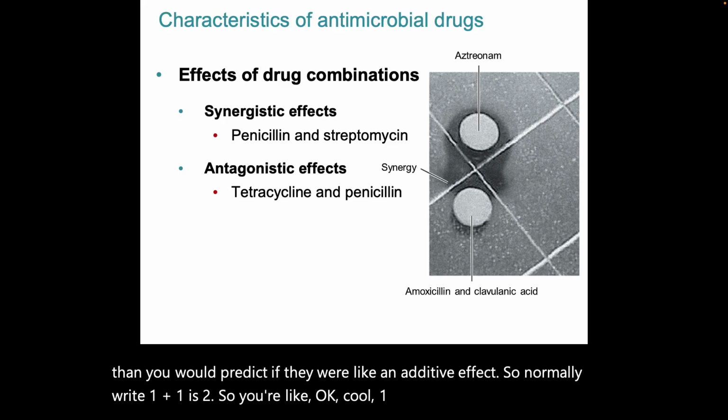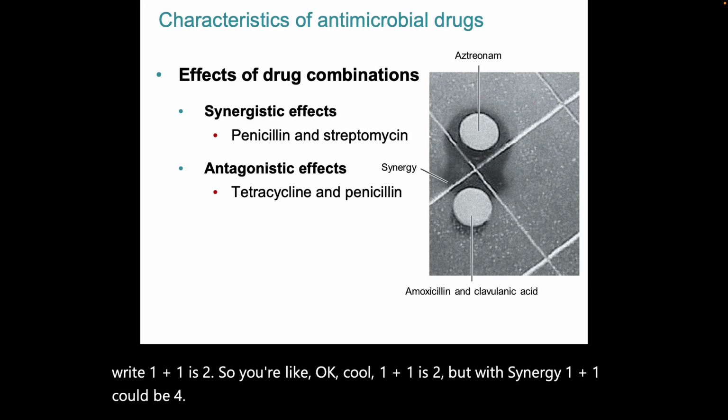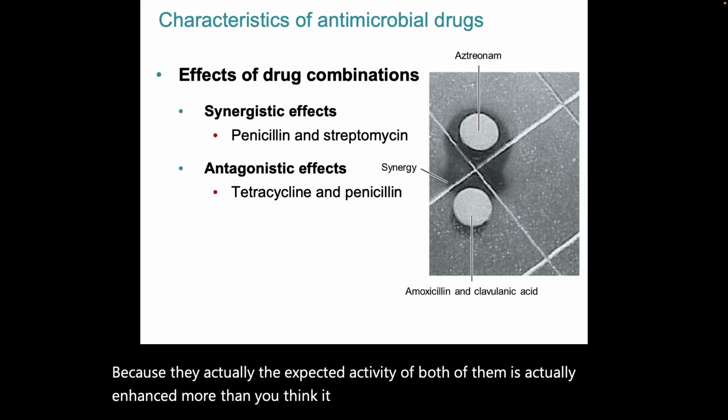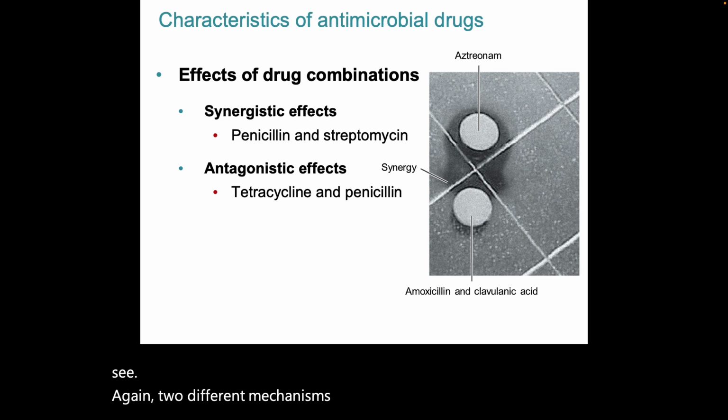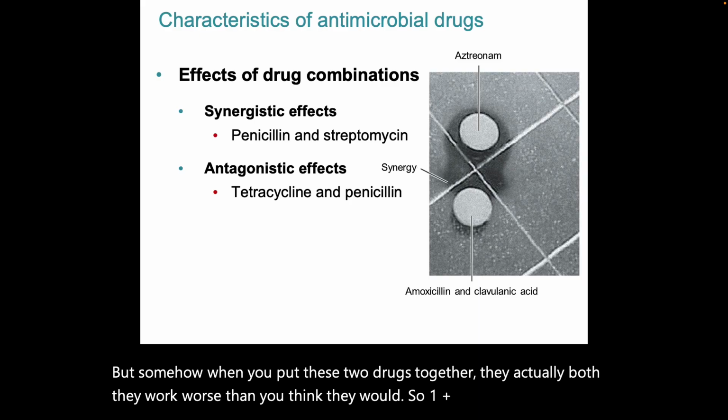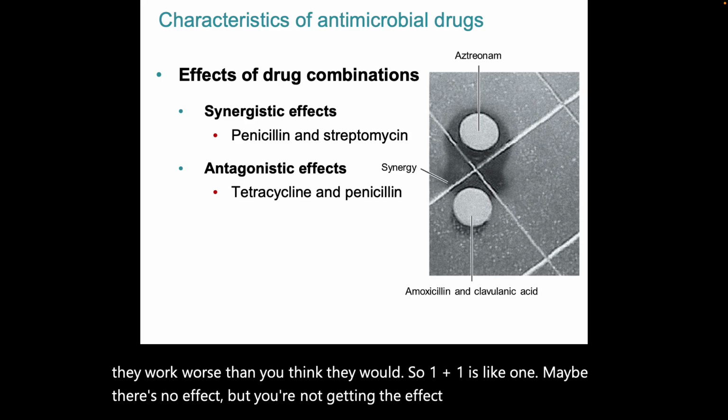But with synergy, 1 + 1 could be 4, because the expected activity of both of them is actually enhanced more than you think it should be. With antagonism, you can see, again, two different mechanisms of action, but somehow when you put these two drugs together, they work worse than you think they would. So 1 + 1 is like 1. Maybe there's no effect, but you're not getting the effect that you want.